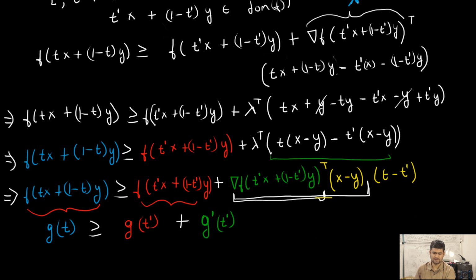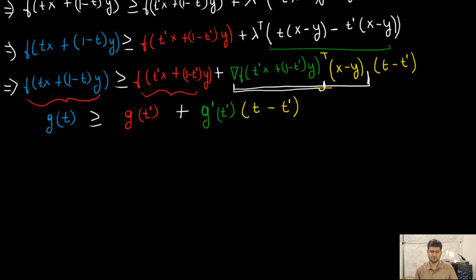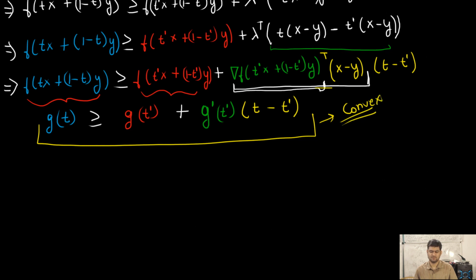If g of t is f of t x plus 1 minus t y, then g prime at point t prime would be this entire term, g prime t prime times t minus t prime, which means that the function g is convex, which we get from the 1D case.